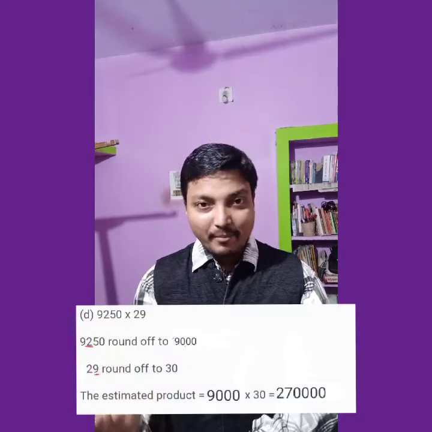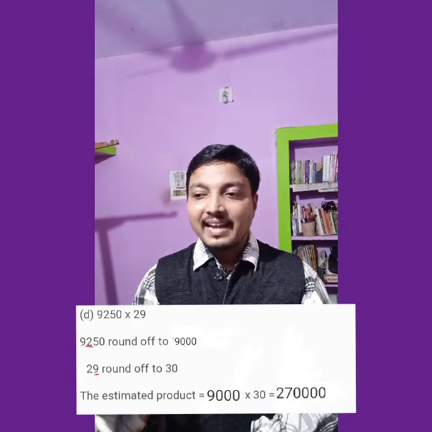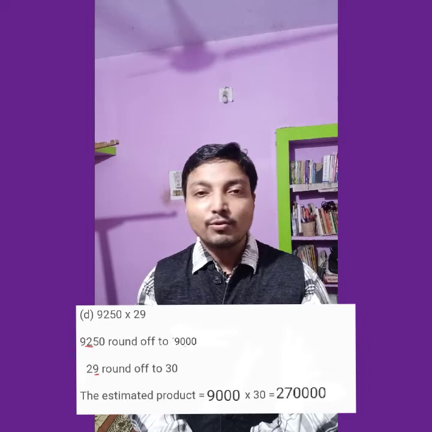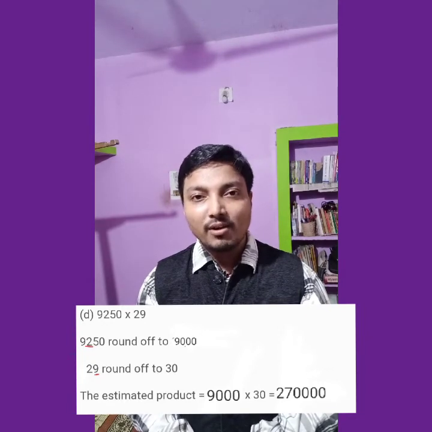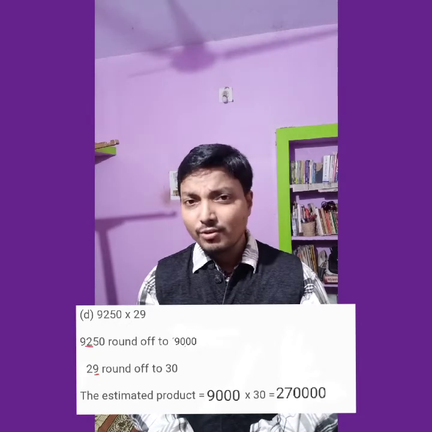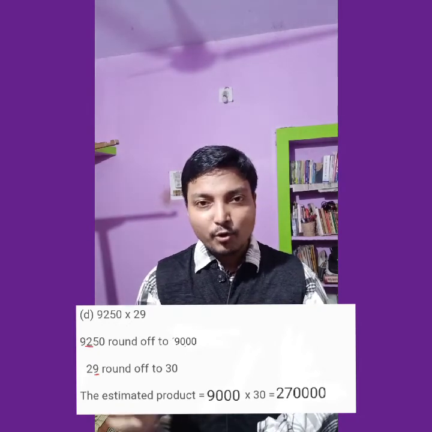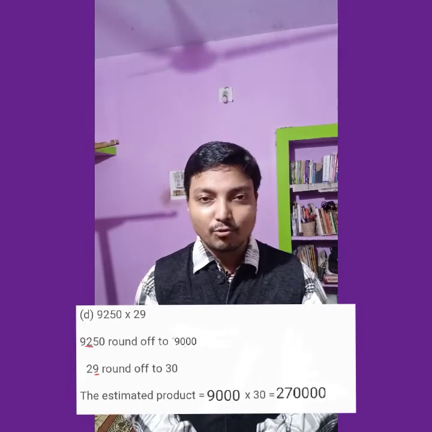Okay, next question, question number 3D. One of the numbers is 9,250 into 29. So find the estimated product of 9,250 into 29. The first number is a 4-digit number and the second number is a 2-digit number.